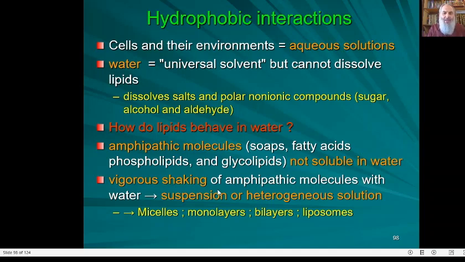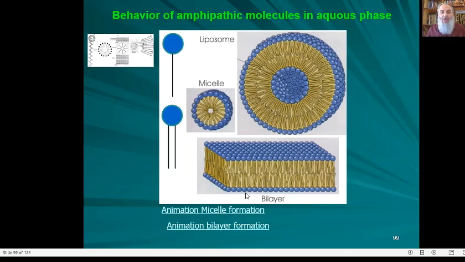Vigorous shaking will lead to a suspension because lipids are not soluble in water. It is a suspension or a heterogeneous solution. If we look at the structures that are formed in the heterogeneous solution, we notice that there are three types of structures that form when we mix the amphipathic lipid with water.